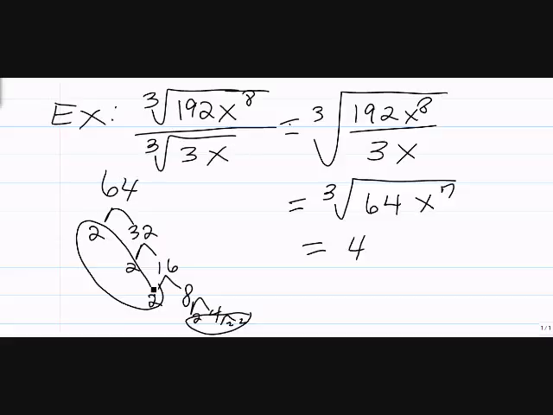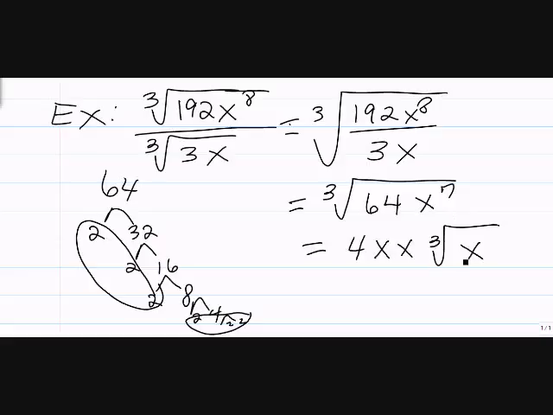So I get to pull out my triple 2 from the radical, and there's another triple 2 from the radical. 2 times 2 is 4, or the cube root of 64 is 4. X to the 7th, I'll pull out 3 x's, and I'll have x to the 4th left. Pull out 3 x's, and have x to the 1st left.